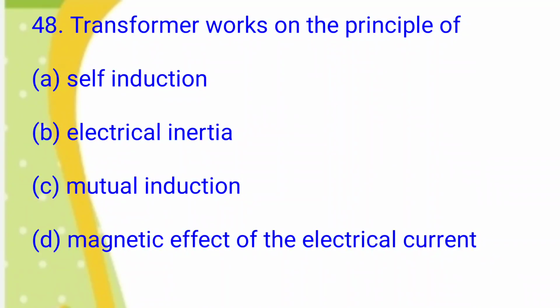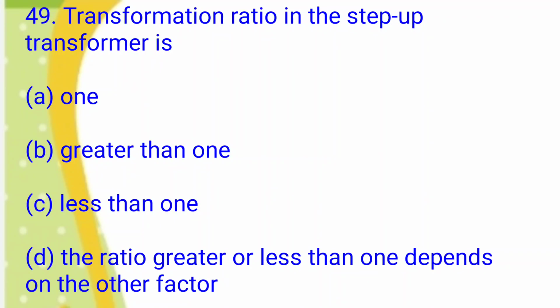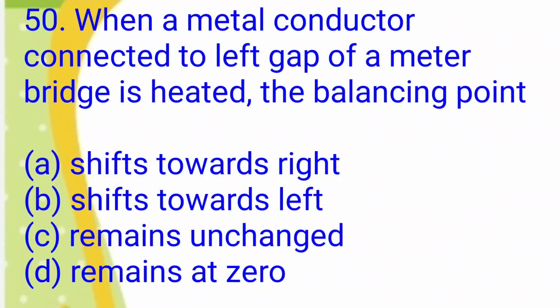Transformer works on the principle of the magnetic effect of the electric current, which is the correct option. Transformation ratio in a step-up transformer is less than 1. When a metal conductor connected to the left gap of a meter bridge is heated, the balancing point shifts towards the right, which is the correct option.